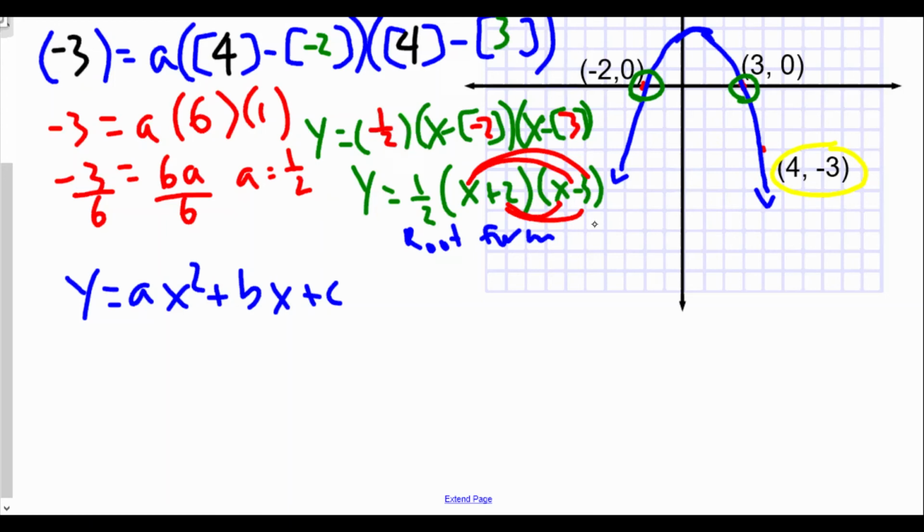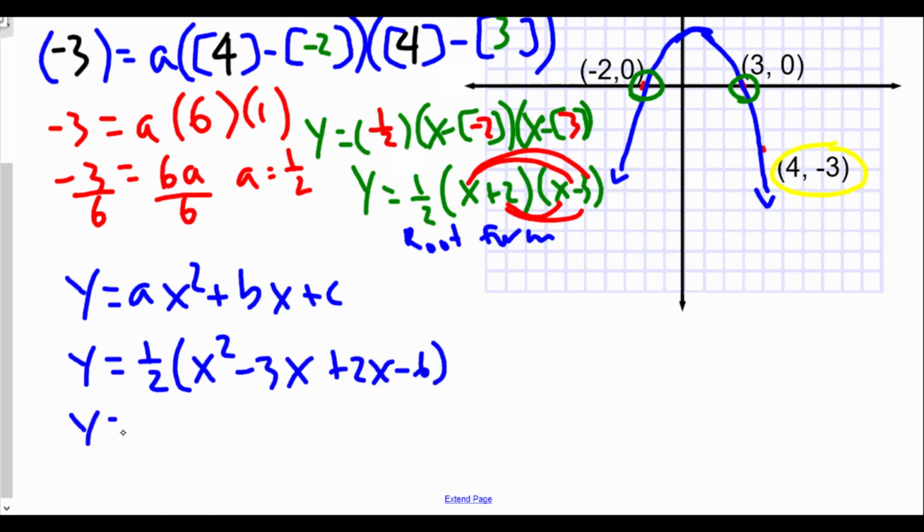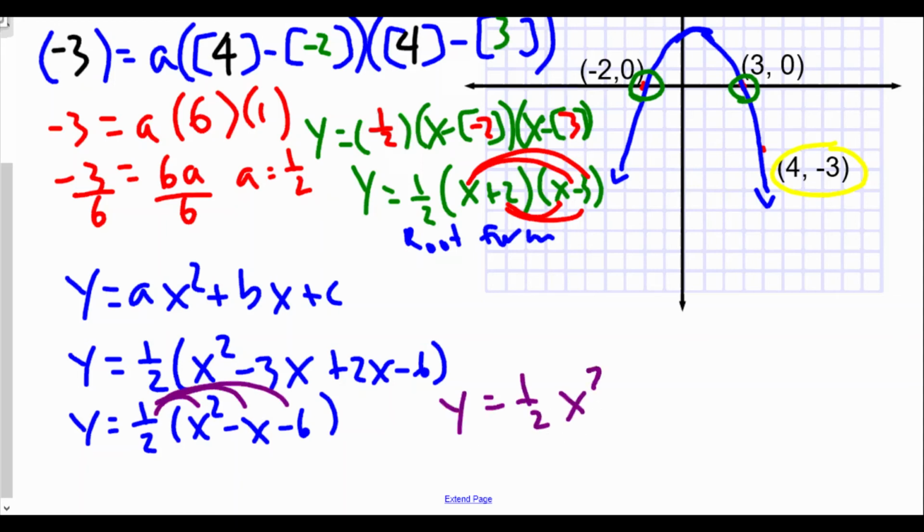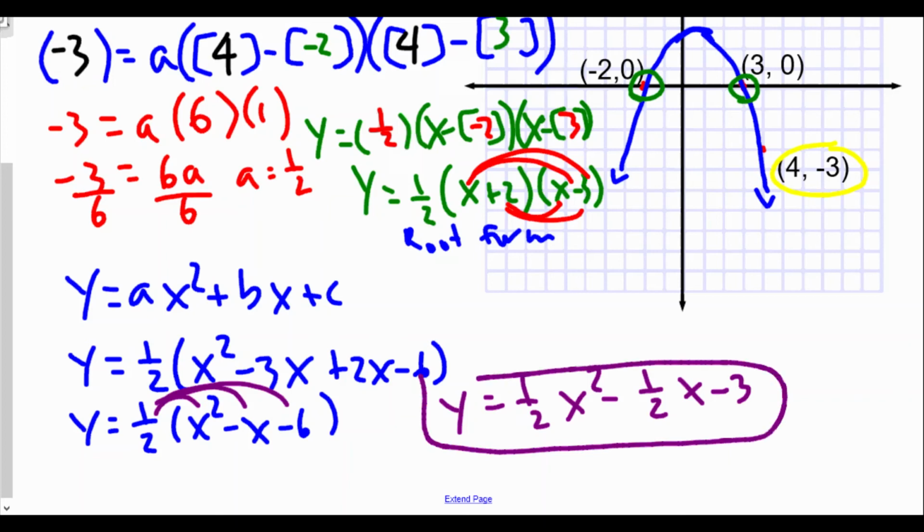So we'll have y is equal to 1/2 times x squared minus 3x plus 2x minus 6, which is y is equal to 1/2 times x squared minus x minus 6. In standard form, we distribute. So y is equal to 1/2 x squared minus 1/2 x. Now 1/2 of -6 is -3. This would be our standard form.